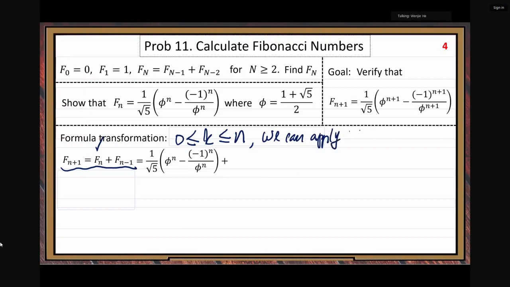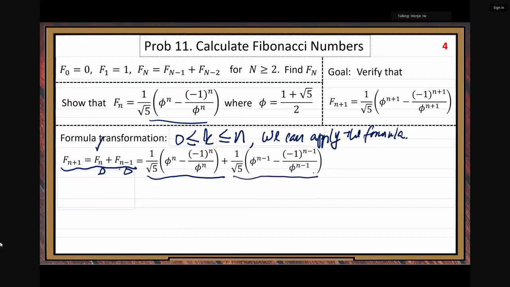Here, the first subscript is in the range, so we can apply the formula. Let's copy the formula. And n minus 1 is also in the range, so we can apply the formula another time.